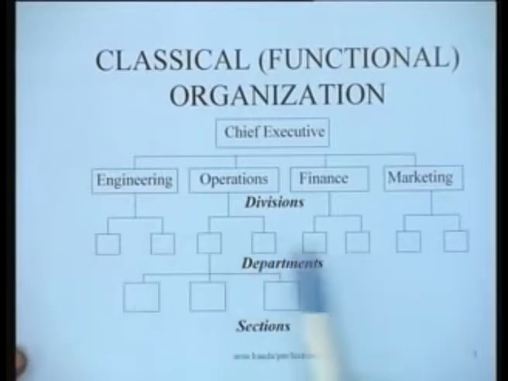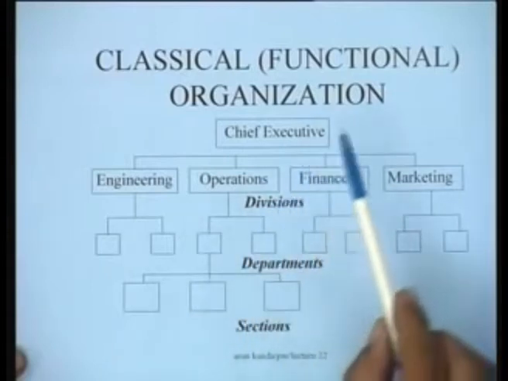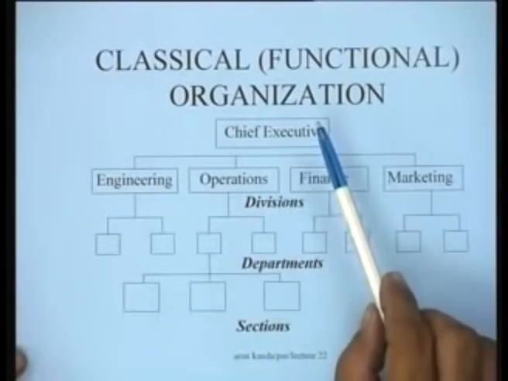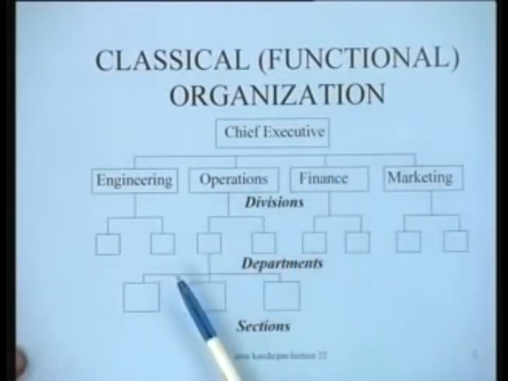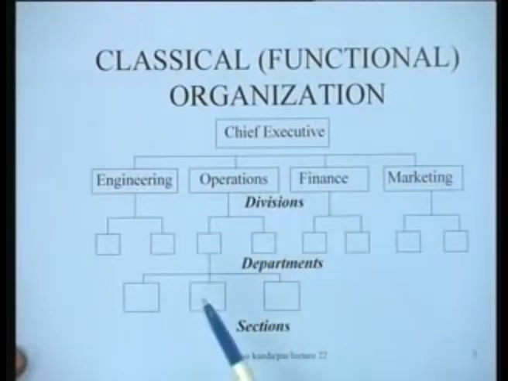And then each of these individual departments would be divided into various sections, and these sections would be carrying out very specialized jobs pertaining to that particular department. Obviously this particular organization is called a functional organization because it is the functions which are segregated, and each one is now doing his specialized function in the organization.